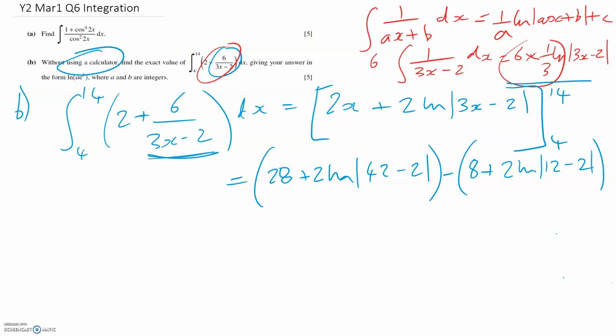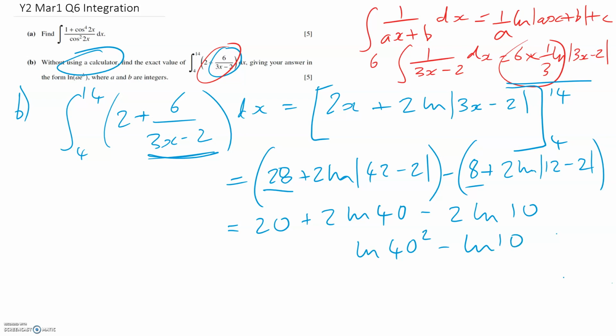So just tidying this up a bit, 28 minus 8 is 20. This is going to be 2 ln 40 minus 2 ln 10. We can simplify the lns. That'll be ln 40 squared minus ln 10 squared.